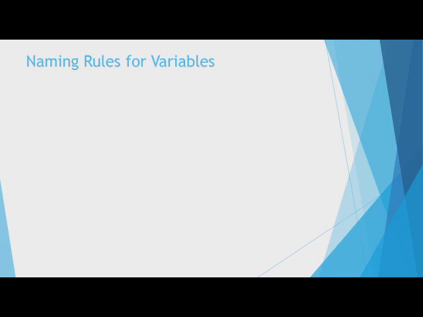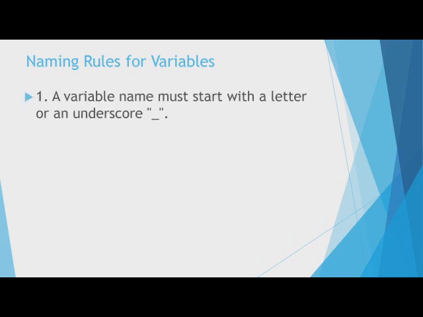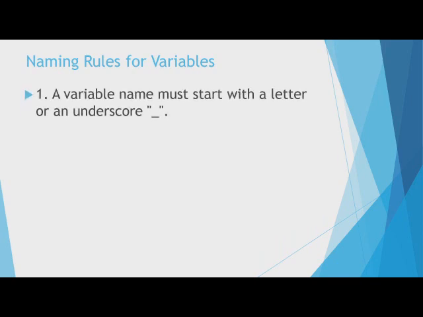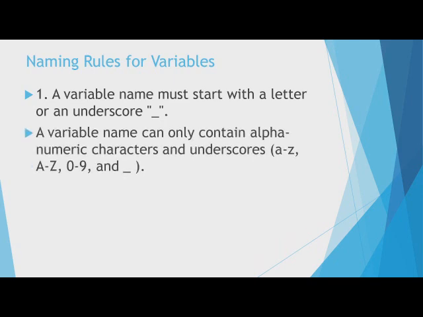Naming rules for variables. So number 1, a variable name must start with a letter or an underscore. So kailangan yung ating variable name mag-umpisa siya, it's either a letter or underscore. Okay? Number 2, a variable name can only contain alphanumeric characters and underscore.